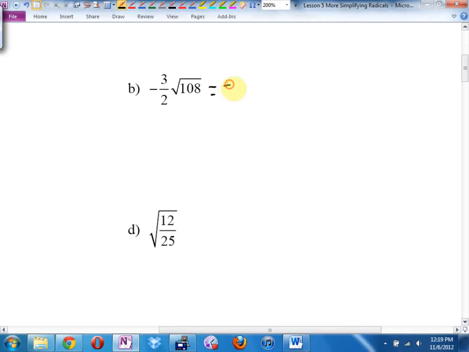I'm going to rewrite the negative 3. I'm going to rewrite the 2, but I'm going to make sure I can clearly see that the root 108 is on the top of this fraction. That's how I wish the typewriter would do it, but my word processor always puts the square root halfway level with the middle of the fraction, which frustrates me.